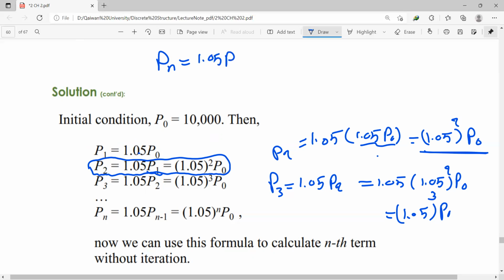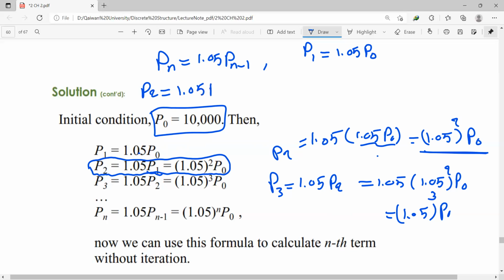Pn is 1.05 Pn minus 1. We know that, we found that before. So how about P1? P0 is given as 10,000. P1 equals 1.05 P0. How about P2? P2 equals 1.05 P1, but you found P1 before.